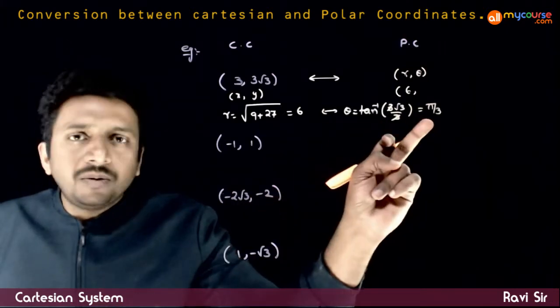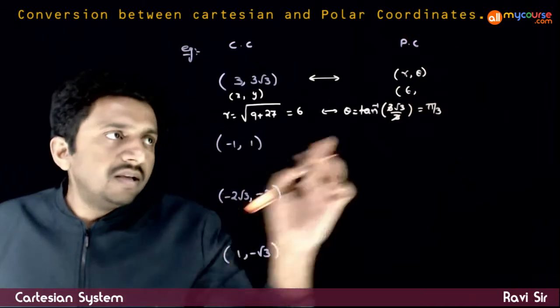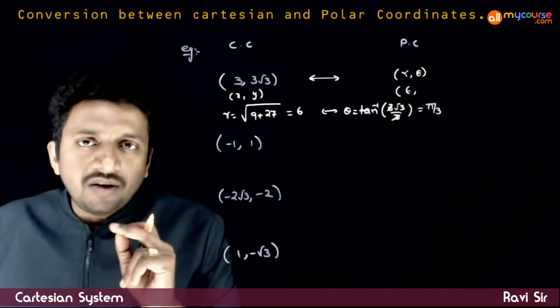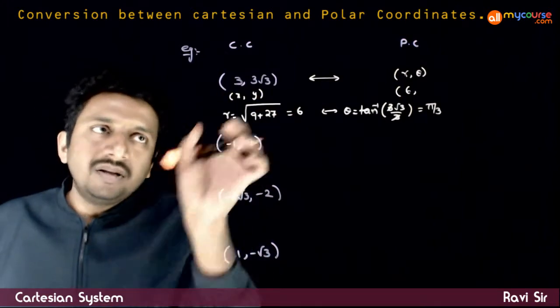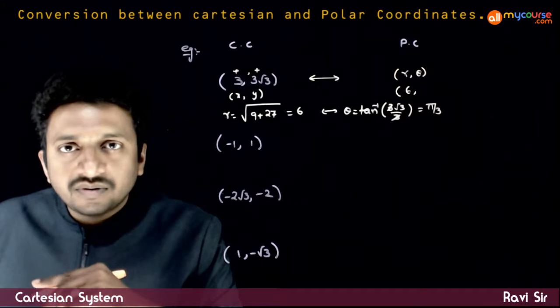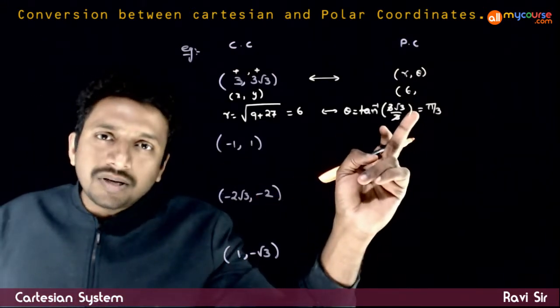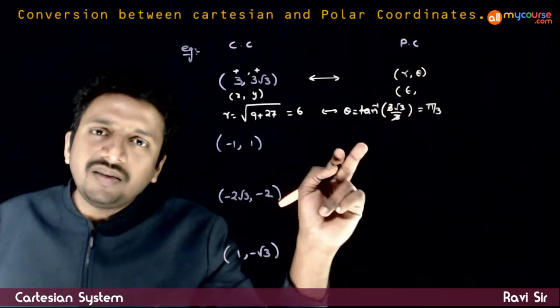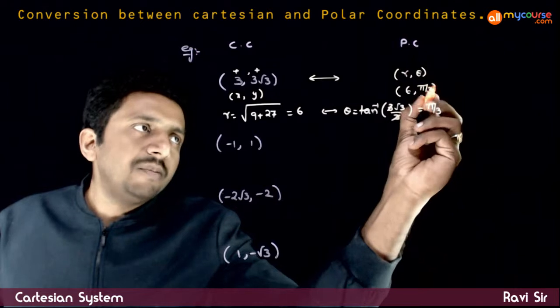So in the first step, you try to find an angle in the first quadrant which is allied to this. So pi by 3. Now in the second step, go to the quadrant of this point. For this point, x coordinate is positive, y coordinate is positive. That is, the point lies in the first quadrant. Hence, what is the allied position to pi by 3 in the first quadrant? Pi by 3 itself. Hence, theta will be equal to pi by 3.